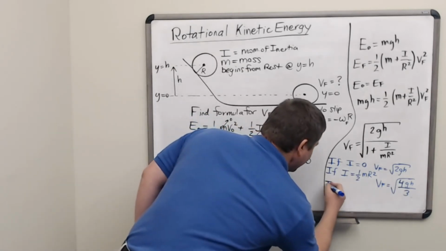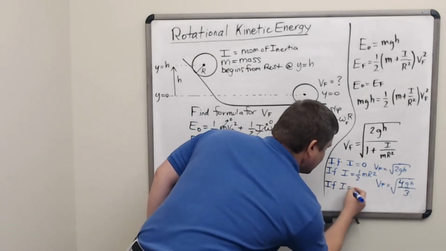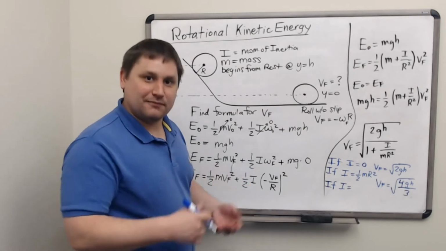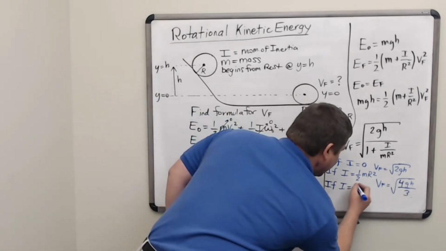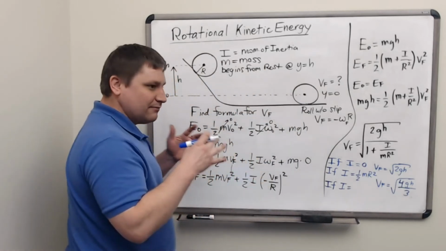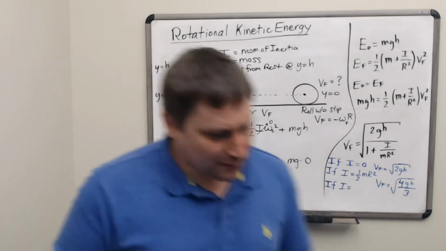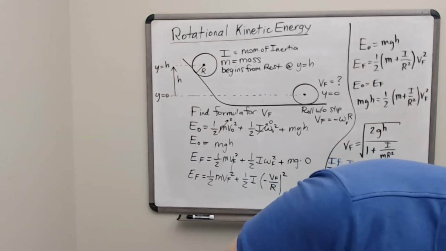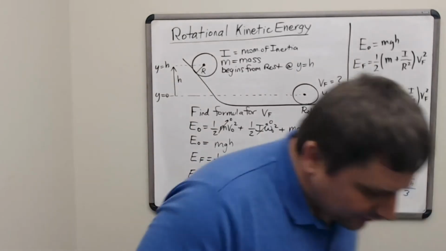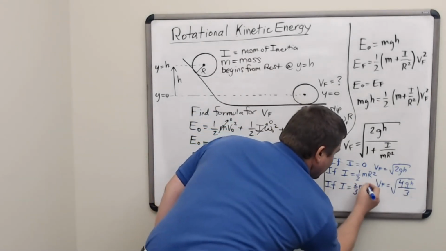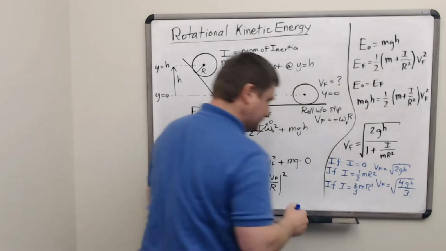Let's consider one more case. A favorite object to roll down hills is balls. Let's take this to be a hollow ball, like most sports balls. In that case, the moment of inertia is 2/3 mr squared.